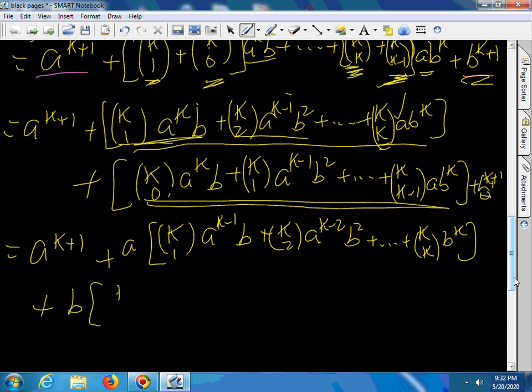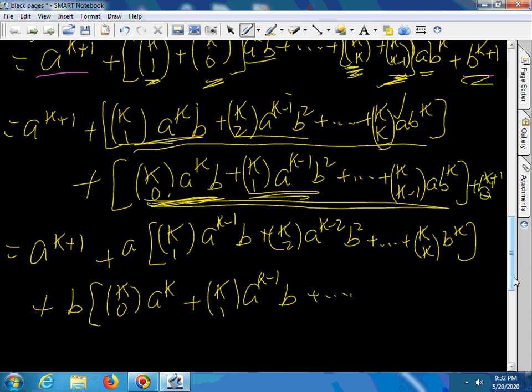I have b times k choose 0, a to the k. This piece right here would be factored out. Plus this, k choose 1, a to the k minus 1 times b. I factored out one of the b's. All the way down to this term, where I will have k choose k minus 1, a b to the k minus 1.